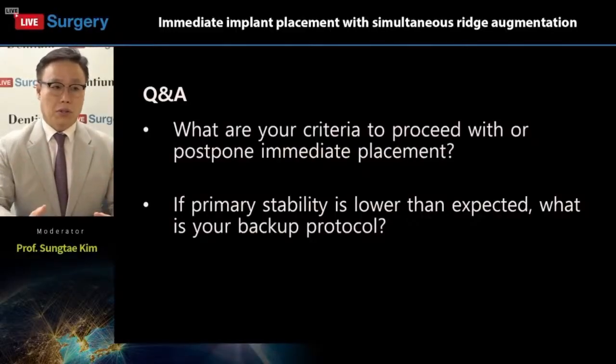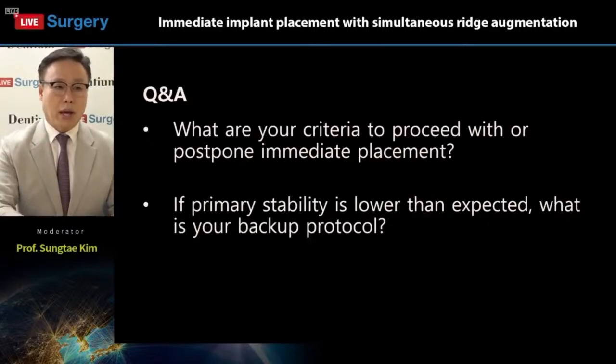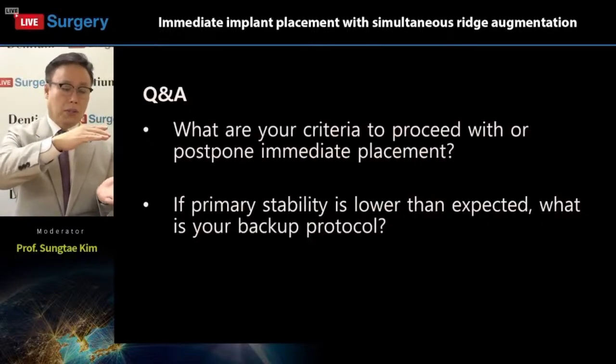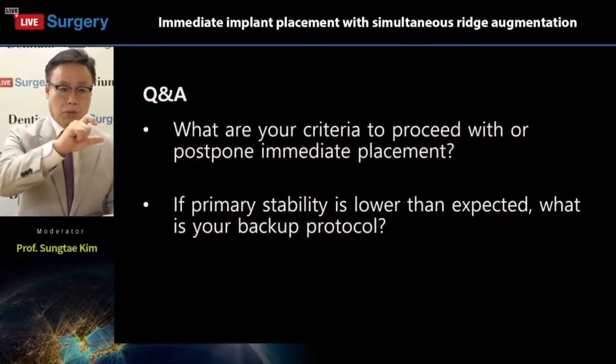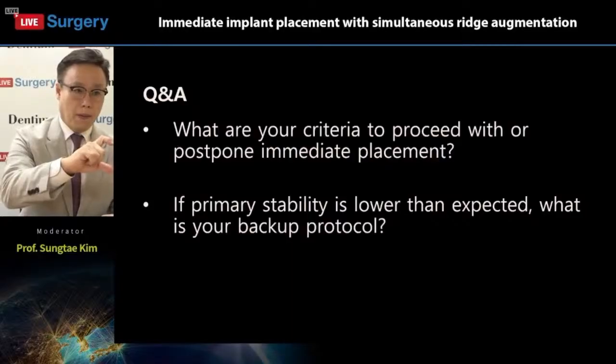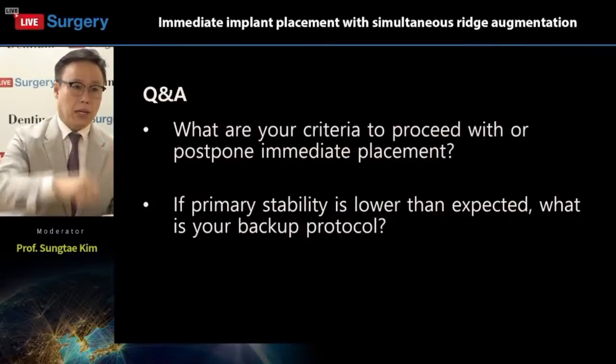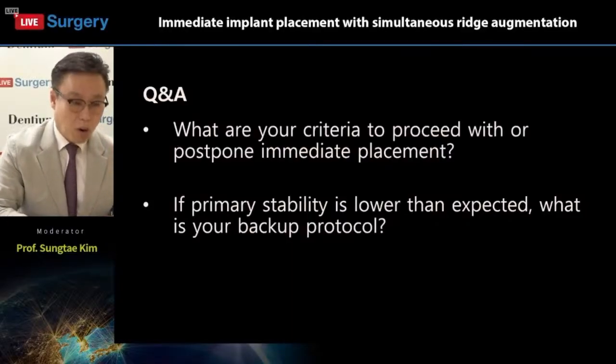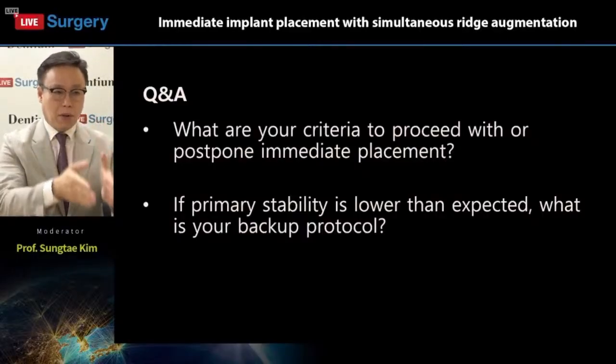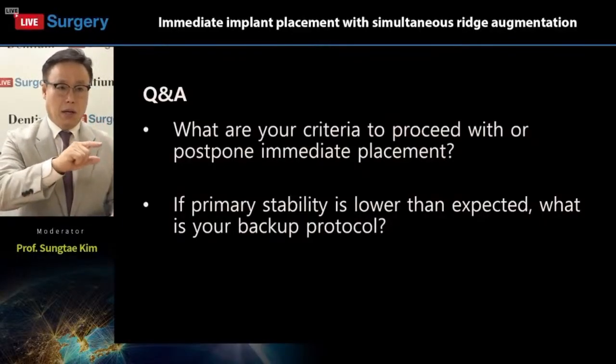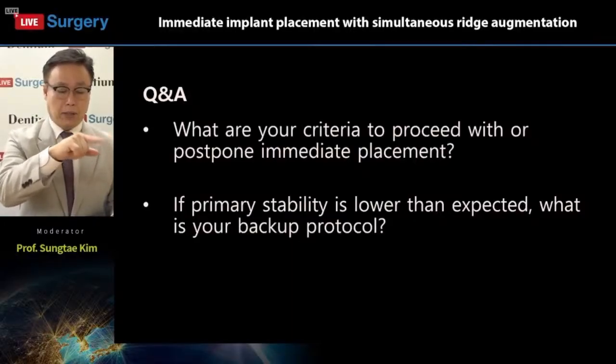It's not a good choice. So in the anterior tooth area, the only way, if there is available bone vertically, under the apex of the root, if there is enough bone, a safe area, we can place the longer implant. We can get more stability in the area under the apex of the root.